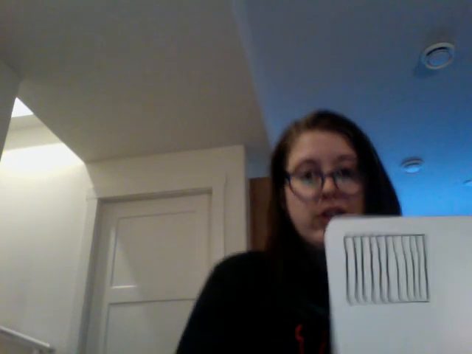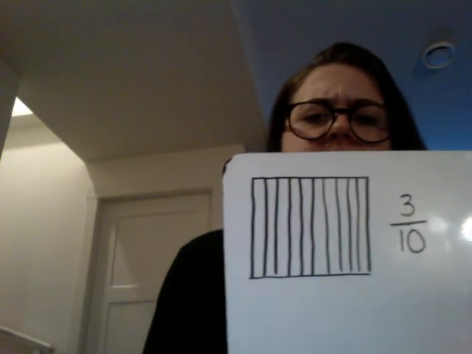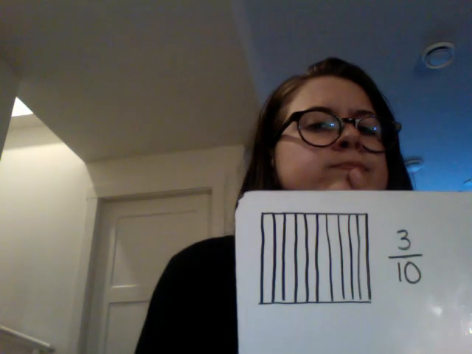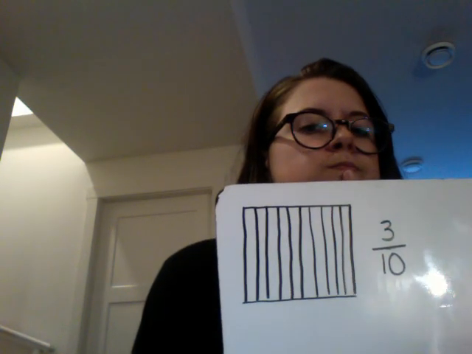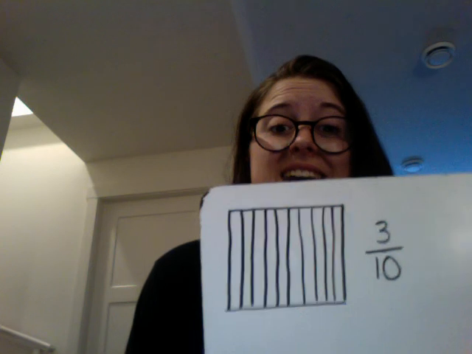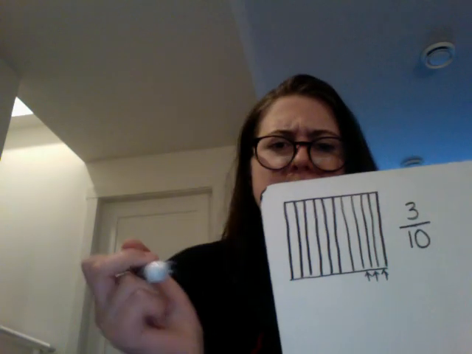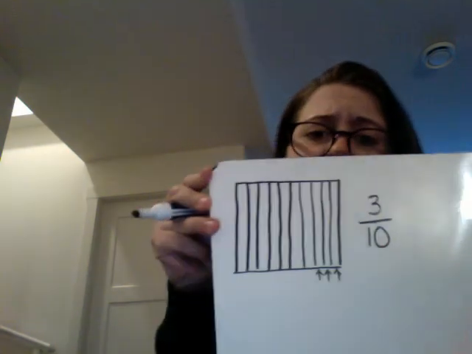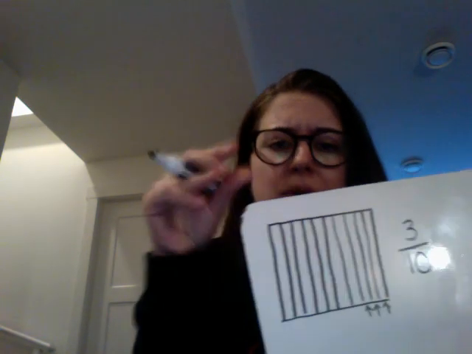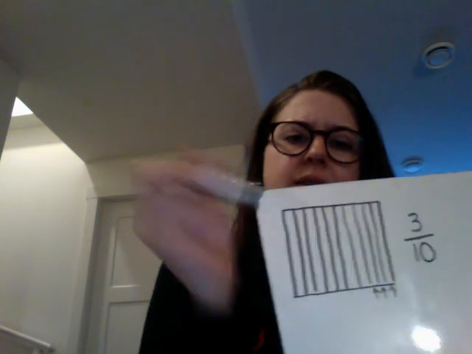So if I wanted to represent the fraction 3/10, how many of those sections would I need to color in? Hopefully you all said 3. So I would color in 1, 2, 3 sections of that chart. I'm going to be doing something else with my chart in a second, so I'm not going to actually color them in, but you can imagine there are 3 thick black lines there.